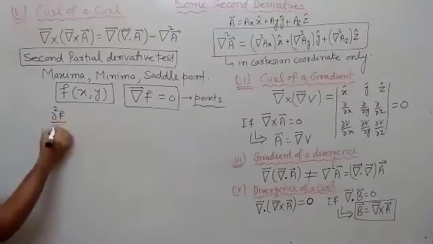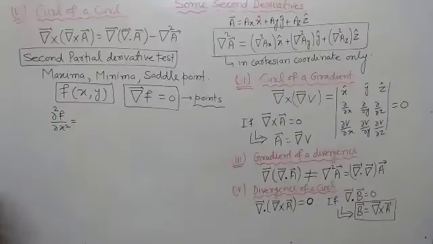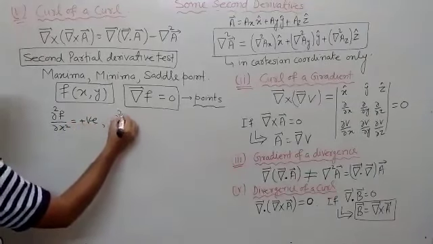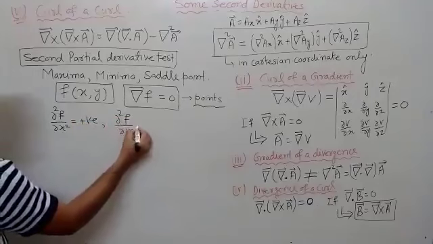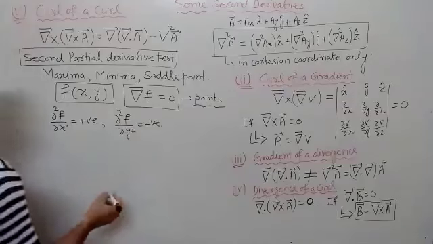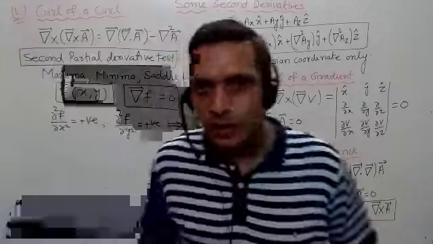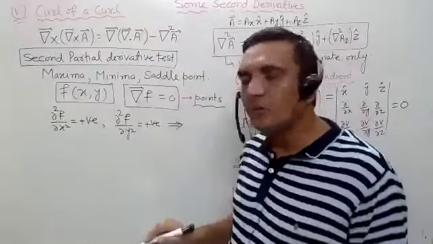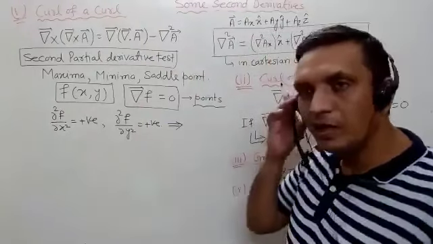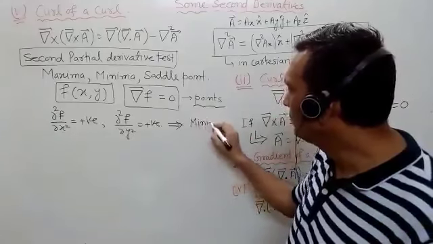Let us say del 2 f by del x2. If this is a positive value and del 2 f by del y2 is also a positive value, then just like in one dimension, if positive, the function will be minima or maxima? Minima. So you will get minima here.